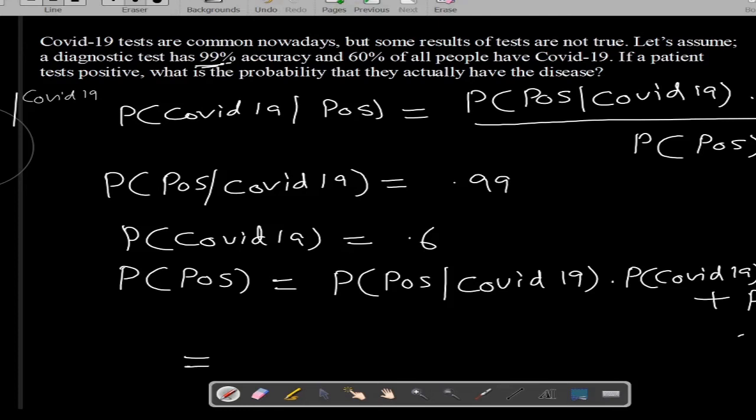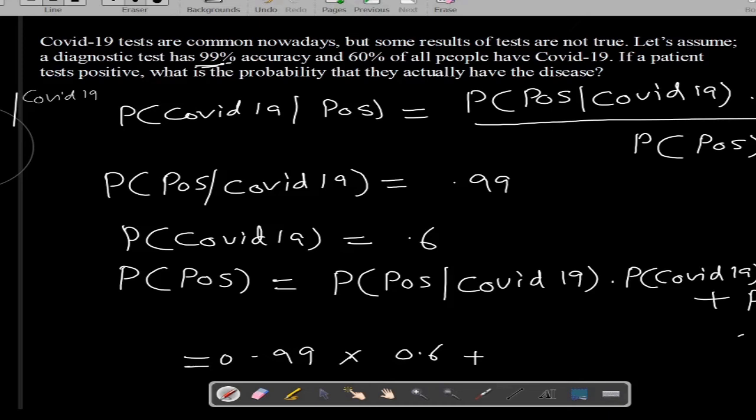So let us find these quantities. P of positive given COVID-19 is 0.99 times P of COVID-19 is 0.6 plus the probability of the positive result when the patient is not affected by COVID-19.